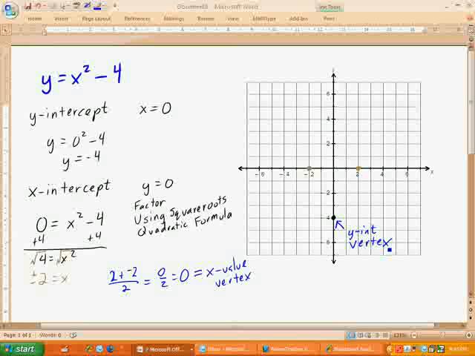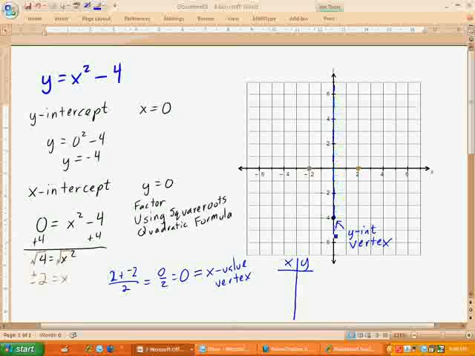Now what I'm going to do is I'm just going to get a couple more points. And to get those couple more points, I'm just going to use a table. I'm going to put x values in and y values out. And I can just pick a couple of points. Now the cool thing about this is the vertex is always on a line that we call the axis of symmetry.